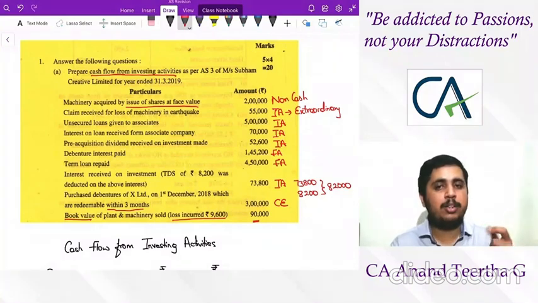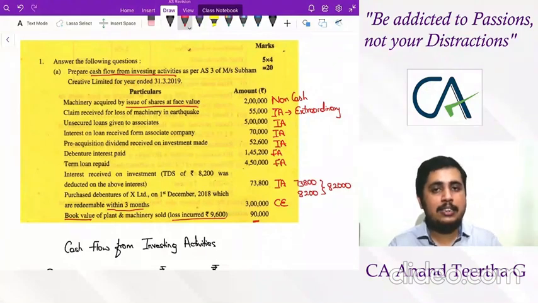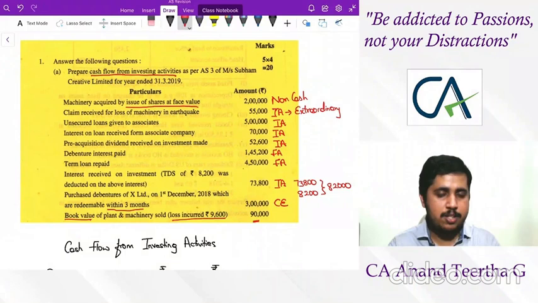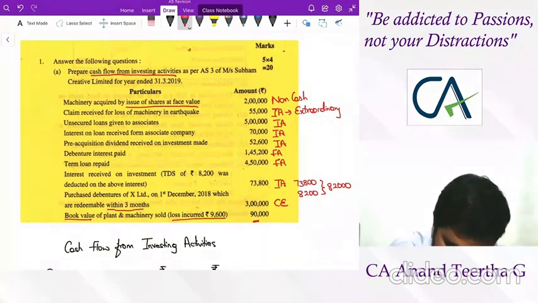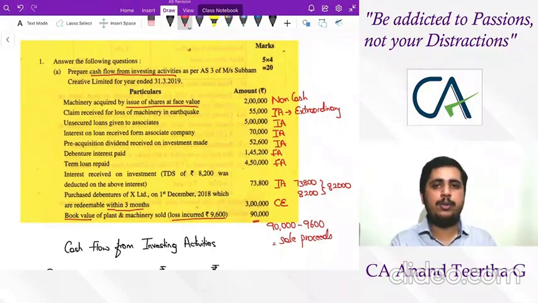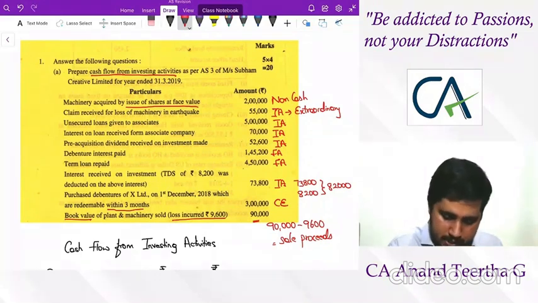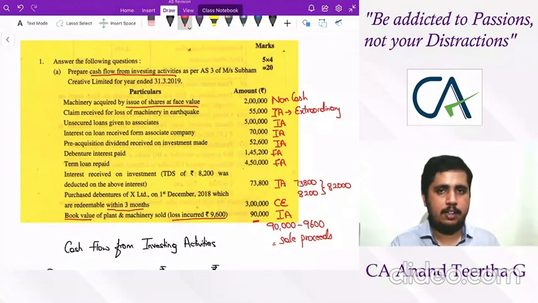Because the sale is made at less than book value. Here, this sale led to a loss, which means you have made the sale at less than book value. Again, this interprets that 90,000 minus 9,600 is my sale proceeds. And in sale proceeds, there is cash flow. In book value, there is no cash flow. And obviously, this is investing activity because it is related to a long-term asset. So you have to bring this in the answer.